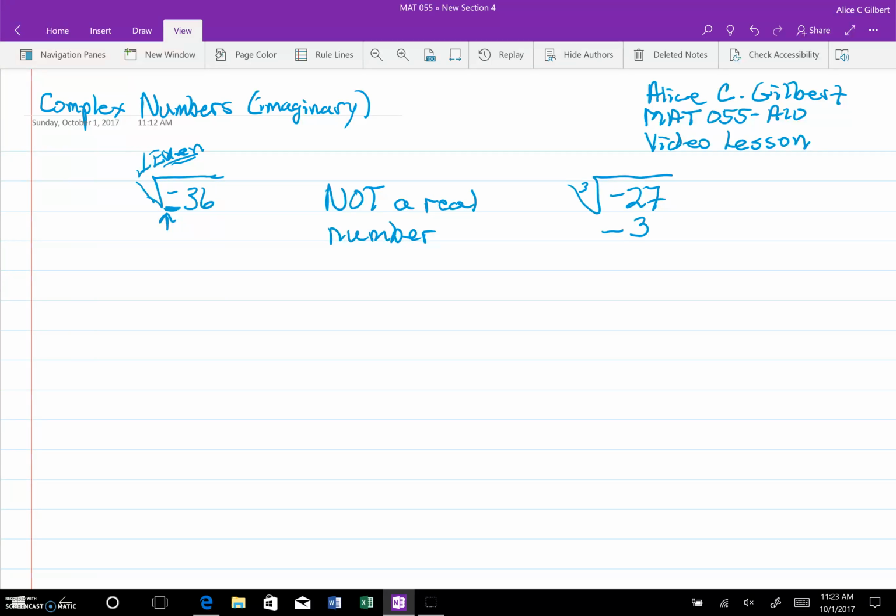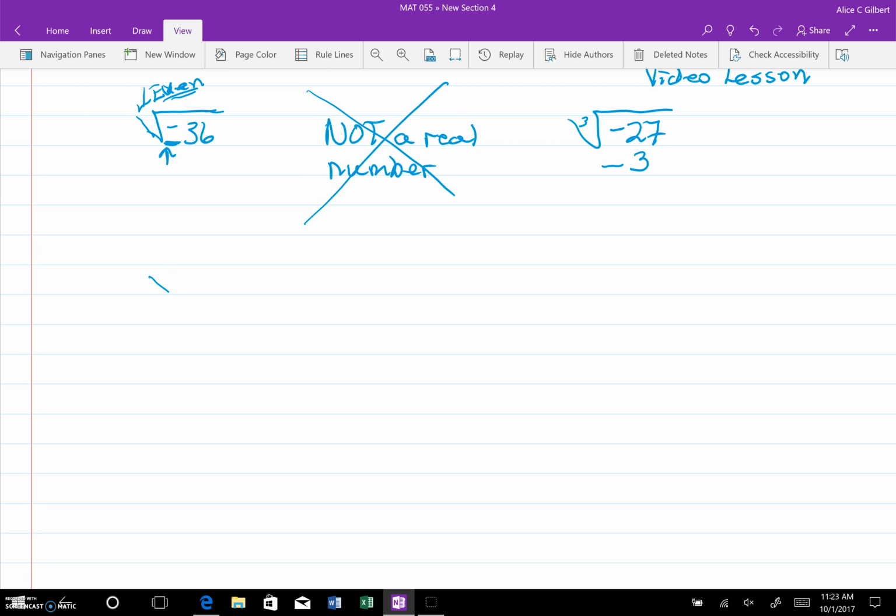So from this point forward, not a real number is never an okay answer again, because we now are going to learn what to do with this. So what we do with something like this is, if we've got an even index and a negative underneath the radical, we're going to take this negative and pull it out, and we're going to call it an i for imaginary.